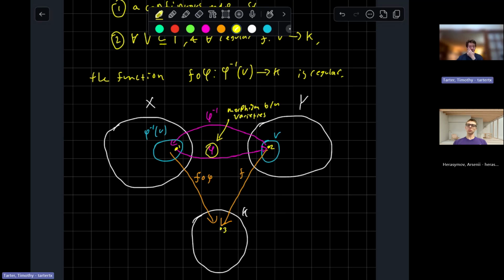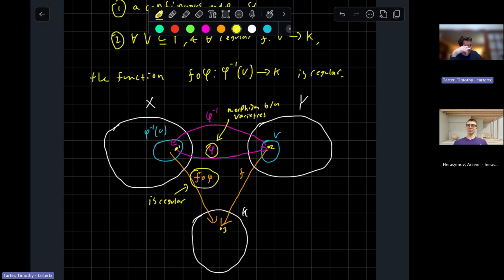So this is not the world's easiest definition. I'm just going to let this sit for a second.